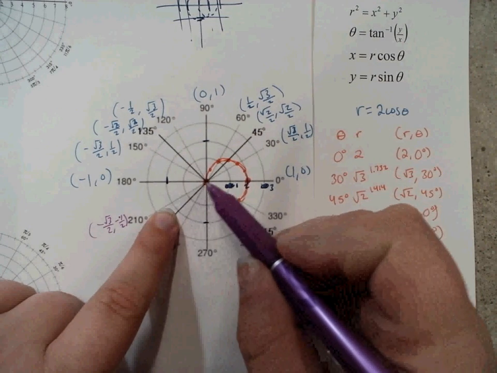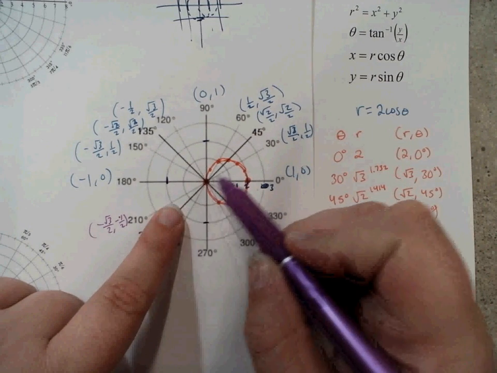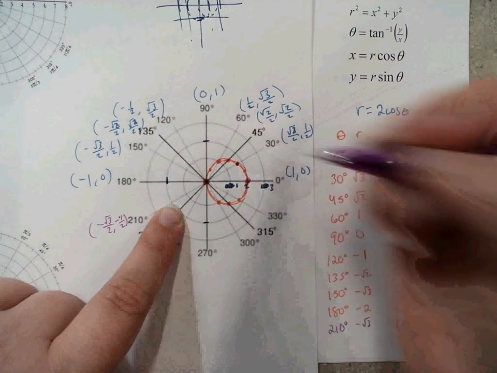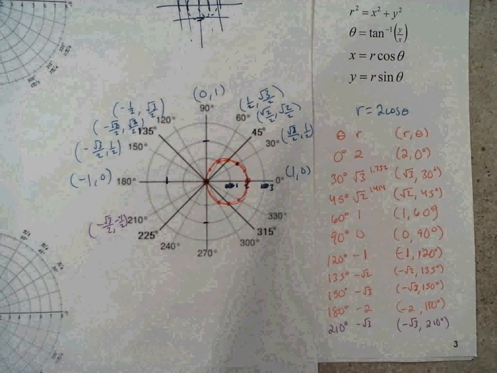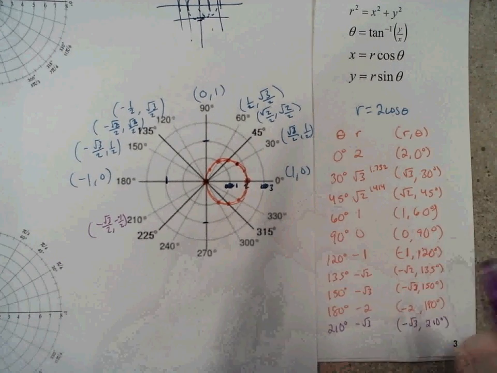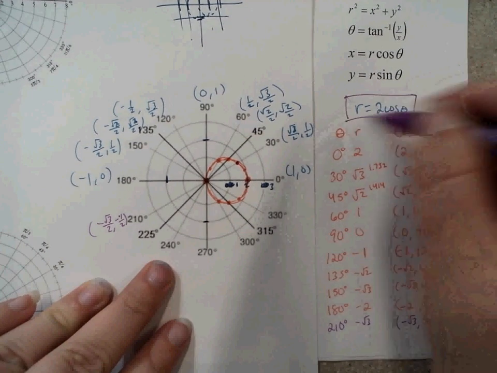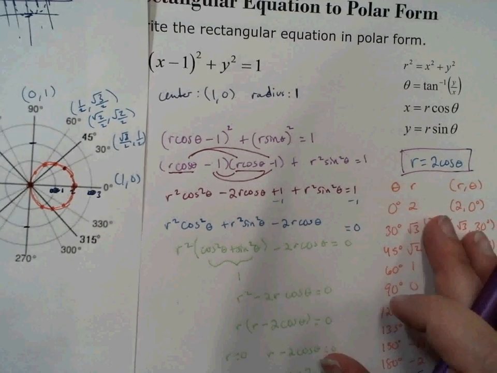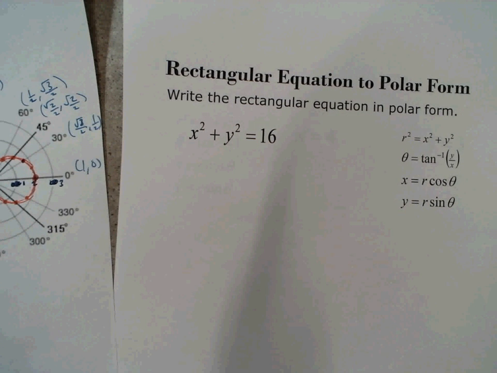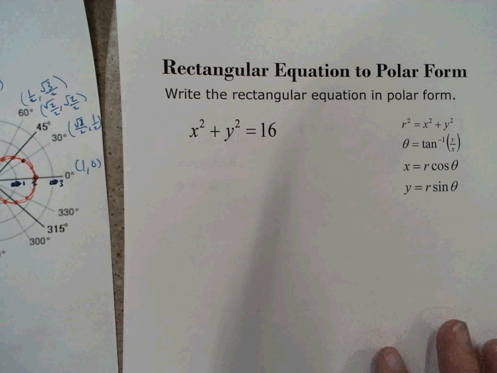So 210, pop back over and go 1.7, so that would put me back here. So every point is just going to keep repeating. Okay? So this is another way of writing r equals 2 cosine theta, another way of saying this circle form right there.